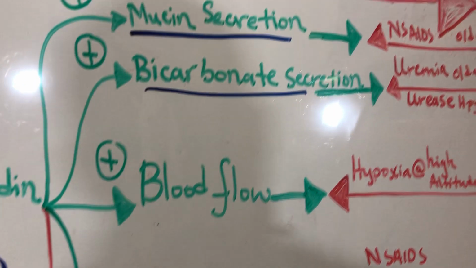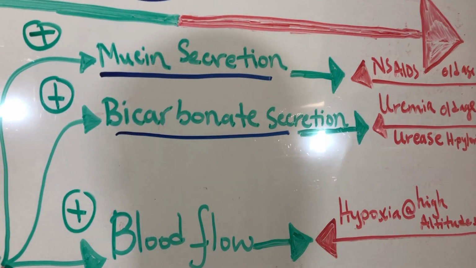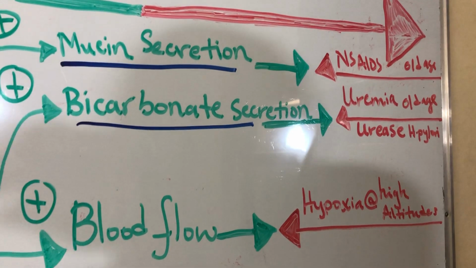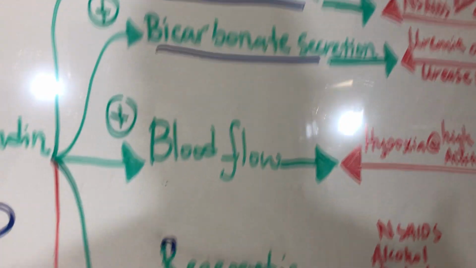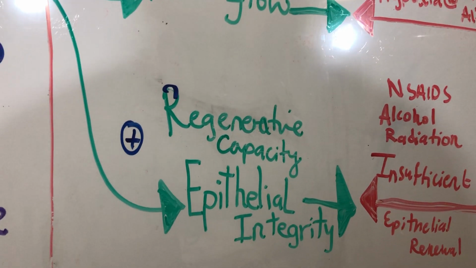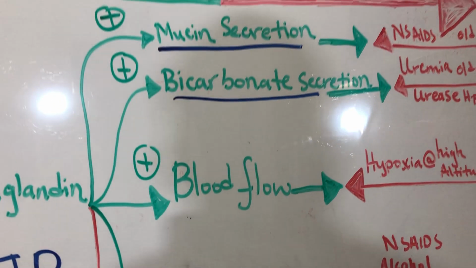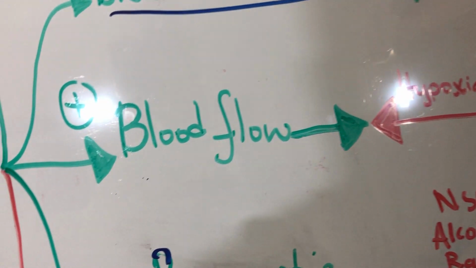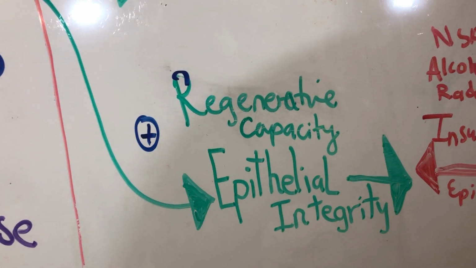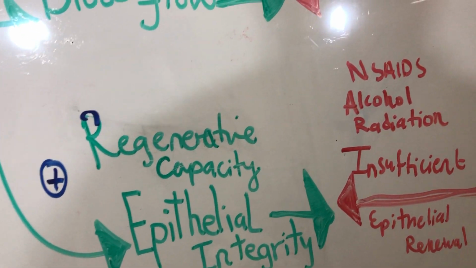And someone who's really old and whose telomeres are not working properly, their regenerative capacity will be weakened, so that will make them vulnerable to gastritis or an injury to the mucosa of the stomach.